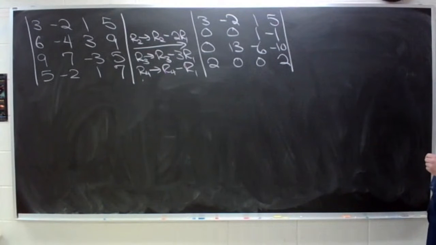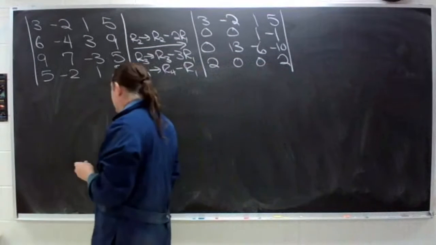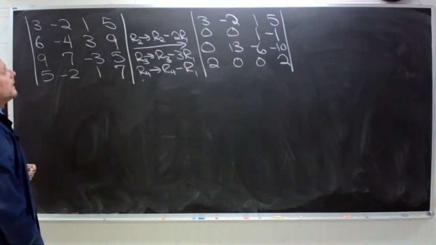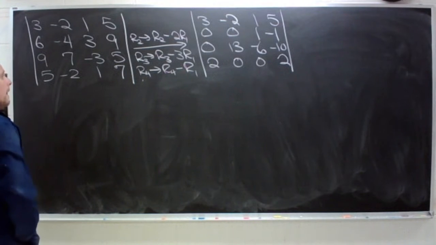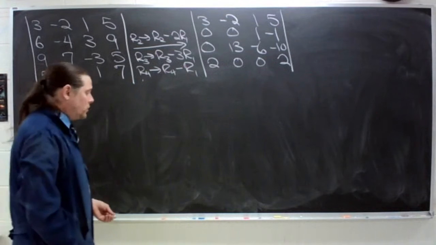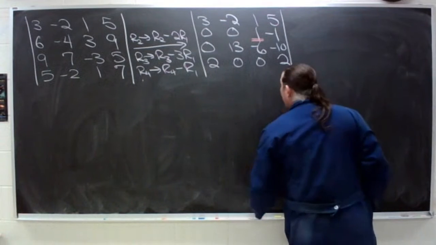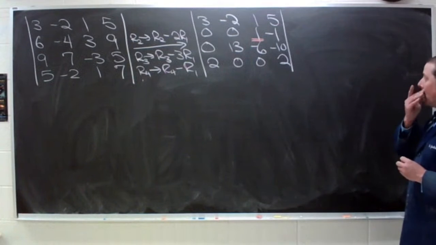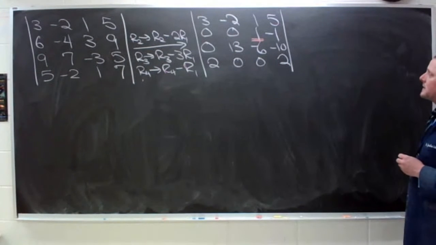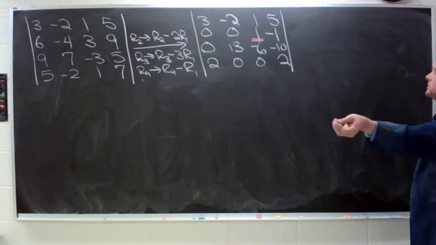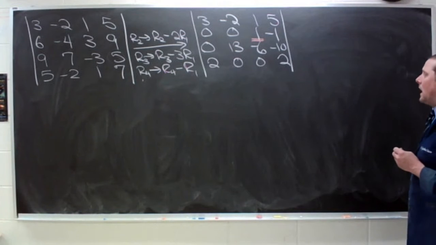All right, so there we've got a significant simplification. And now let's see what else we could do. All right, I'm going to go ahead and use that number as a pivot in its column, and I'm going to use it to clear its column.